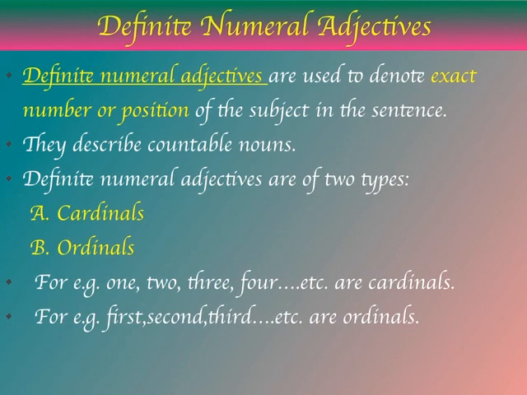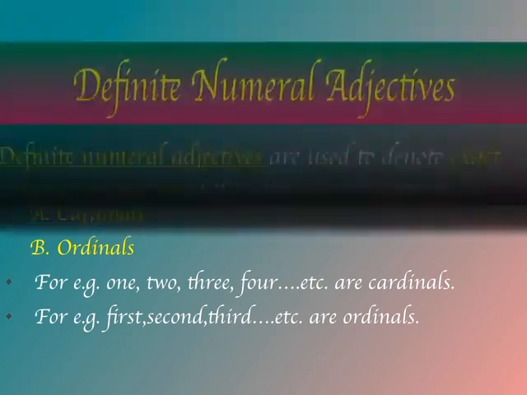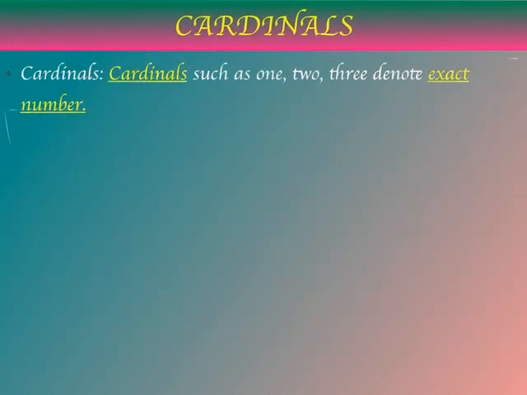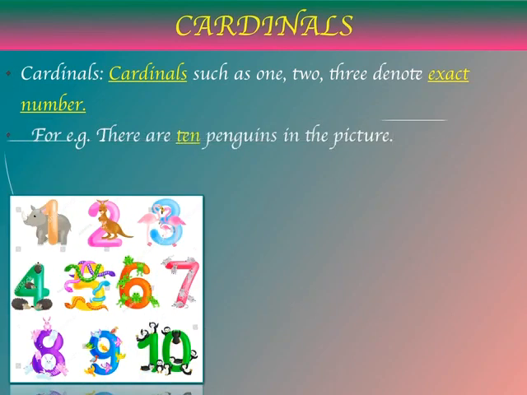So let's study what cardinals are. Cardinals are the numbers such as 1, 2, 3, which denote the exact number of the noun or pronoun, and so they are called definite numeral adjectives. Let's see an example. There are 10 penguins in the picture. So, in this picture, we can see that there are 10 penguins.